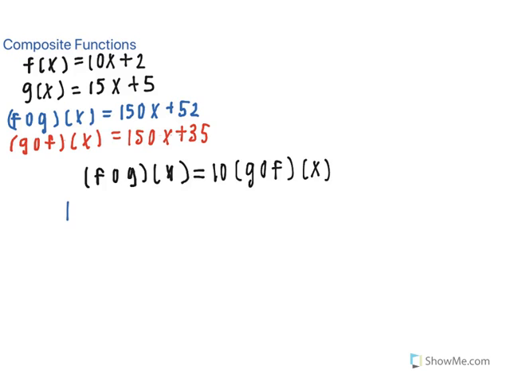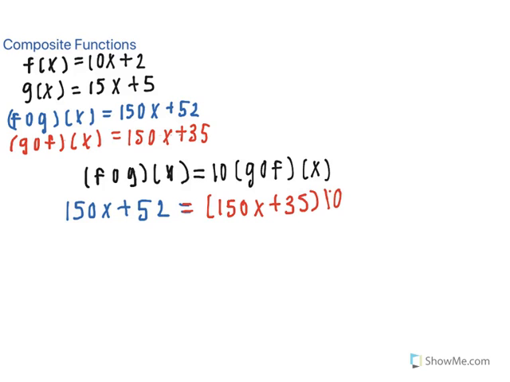So that would be 150x plus 52 equals 150x plus 35 times 10.